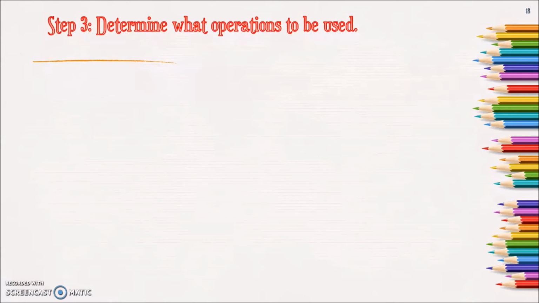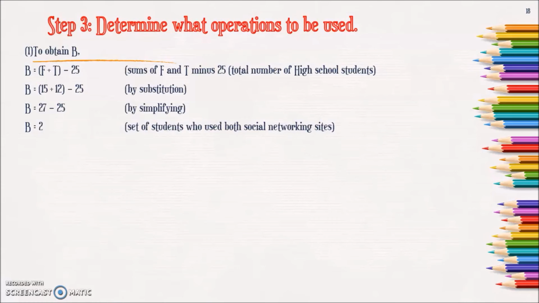So, step 3, determine what operations to be used. To obtain B, we have B is equal to the sum of F plus T minus 25. 25 here is the total number of high school students.